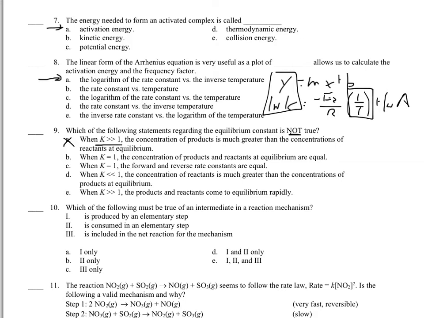When K is equal to 1, concentrations of products and reactants at equilibrium are equal. That is the definition of when some numerator and denominator equal 1. Right? Equal each other, then we have 1. Whether that's 1 over 1 or 3 over 3 or a million over a million, that is the definition. So that also has to be true. When K is equal to 1, the forward and reverse rate constants are equal. That is also not true.